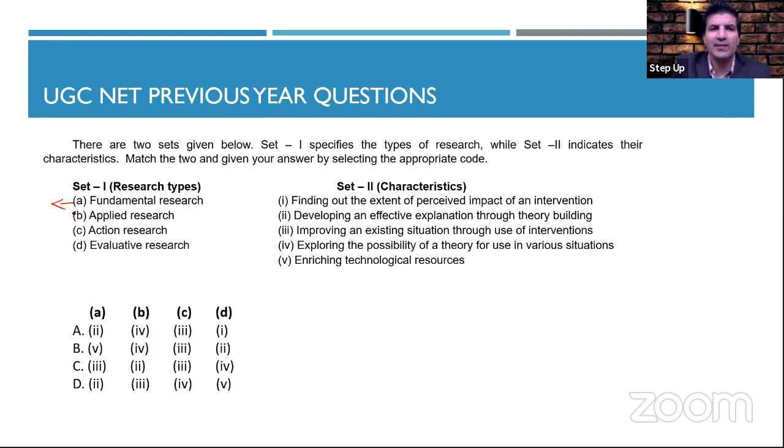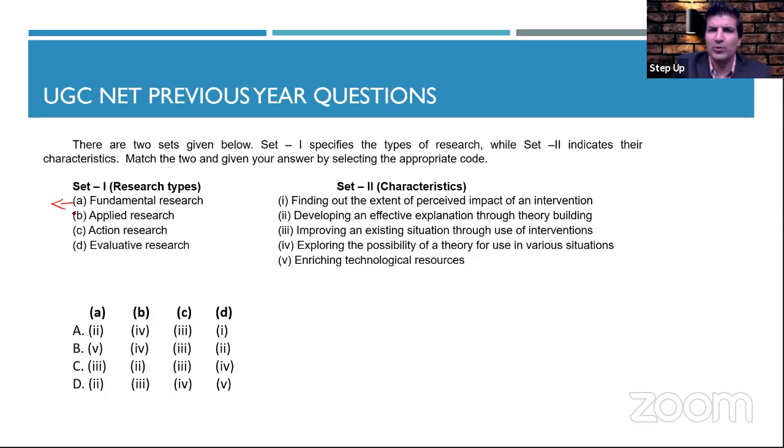For example, an intellectual or academicians may undertake fundamental research. Let's say Harvard University wants to undertake research where they want to understand more about other galaxies, or let's say IISc or IITs want to know more about a phenomenon. They're not looking at an application perspective.